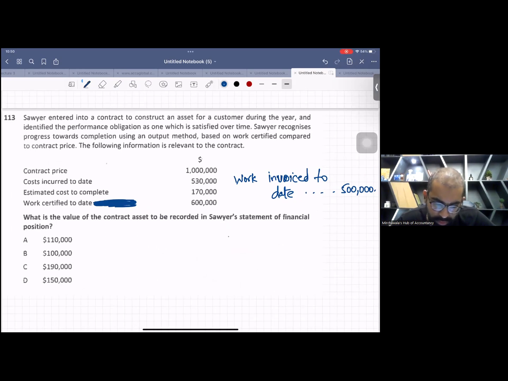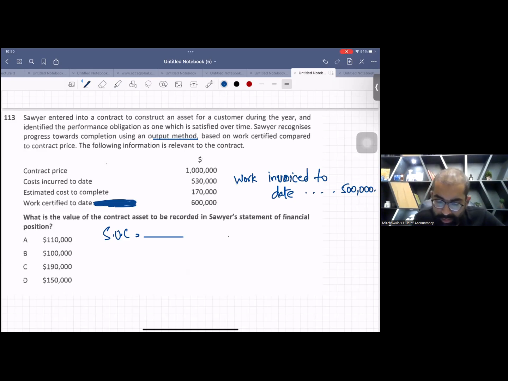Sevier Company recognized progress towards completion using an output method. Output method means work certified to date divided by contract price times 100.